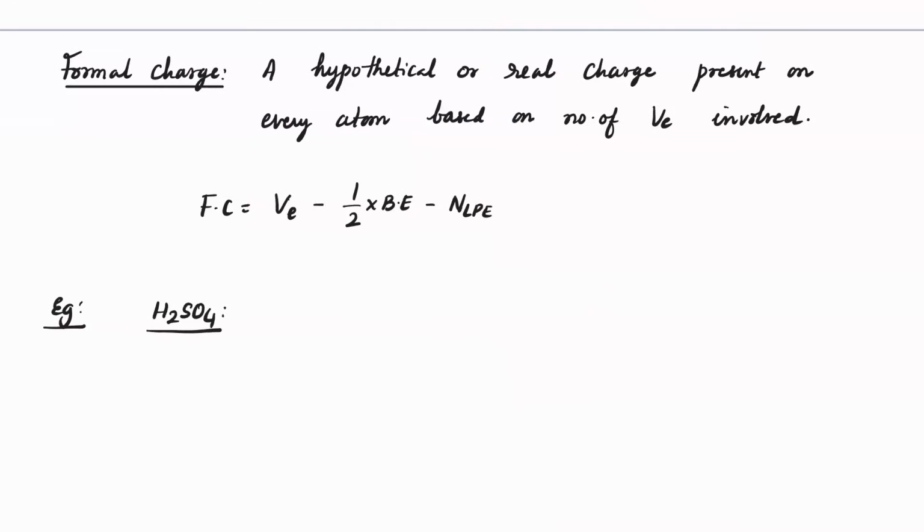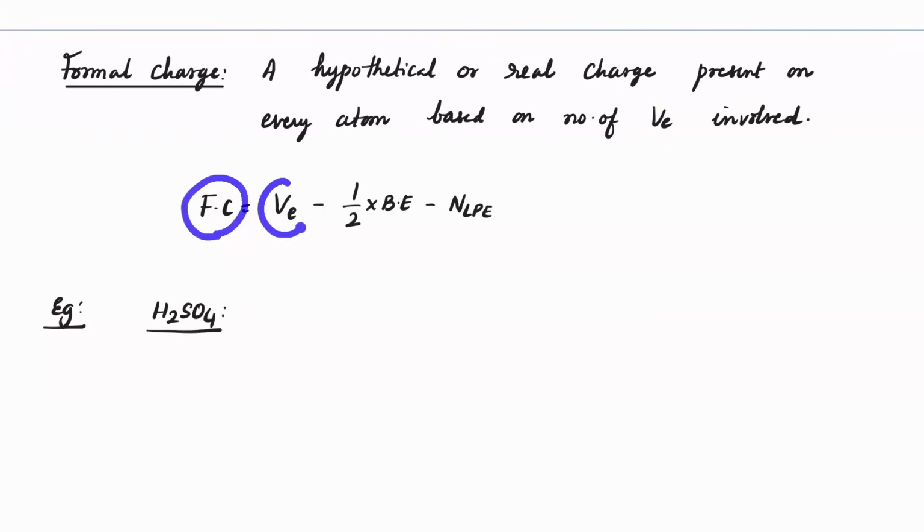Let me introduce to you a new term known as formal charge. Formal charge basically suggests that there could be either a real or hypothetical charge present on every atom based on how their valence electrons are involved. Okay. So how do we put that?